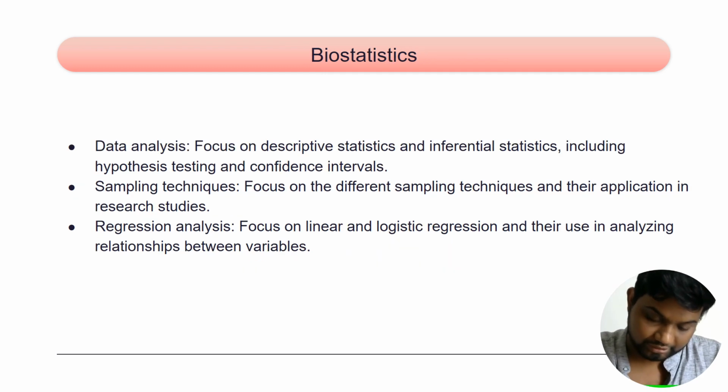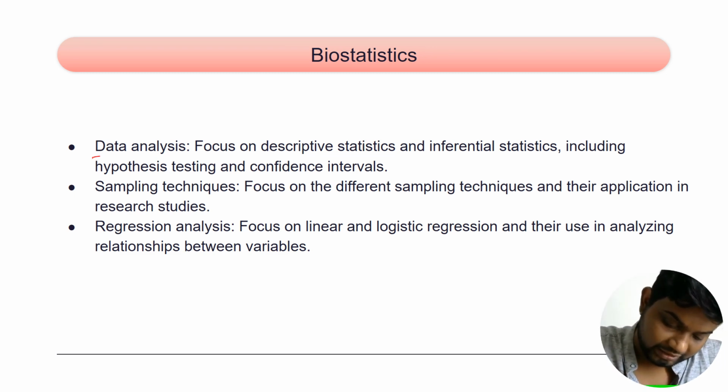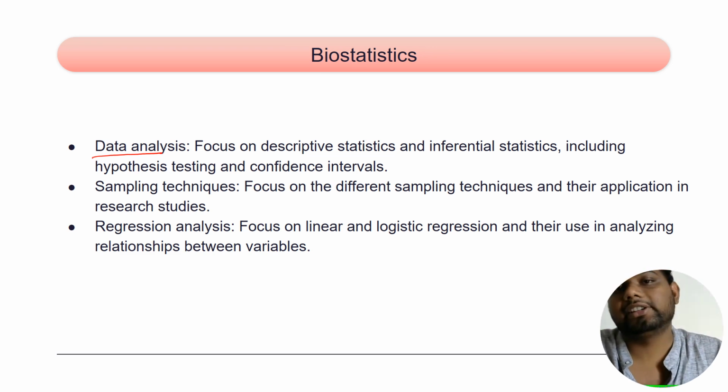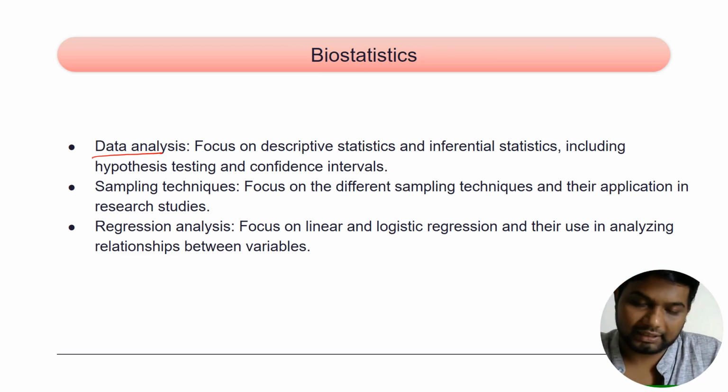And then you have biostatistics, people. Speaking about biostatistics, you have to focus on data analysis and sampling techniques. Speaking about data analysis, you have to know about the various tools of biostatistics. For example, what is a bar chart, what is a flow chart, and what is meant by a dot map. All of these various tools and methods for analysis and marking of data.